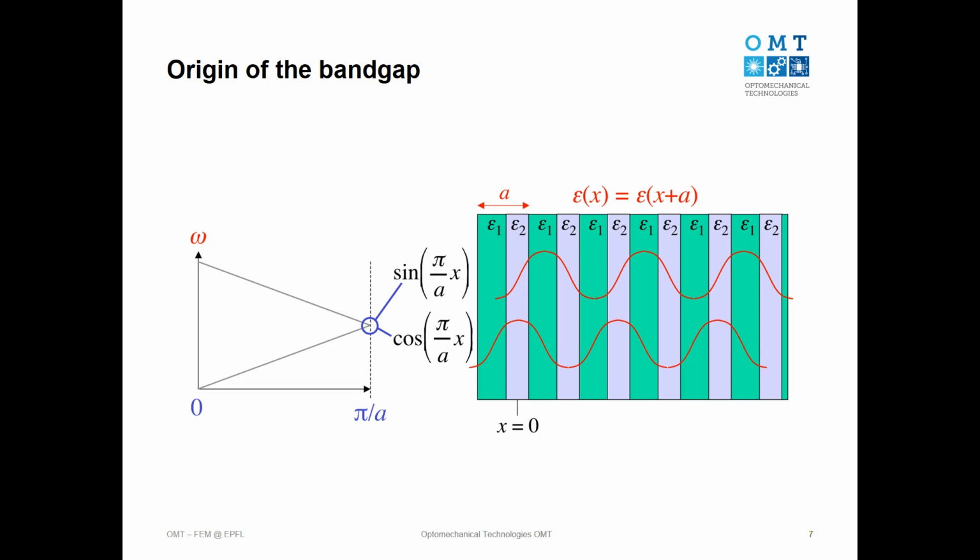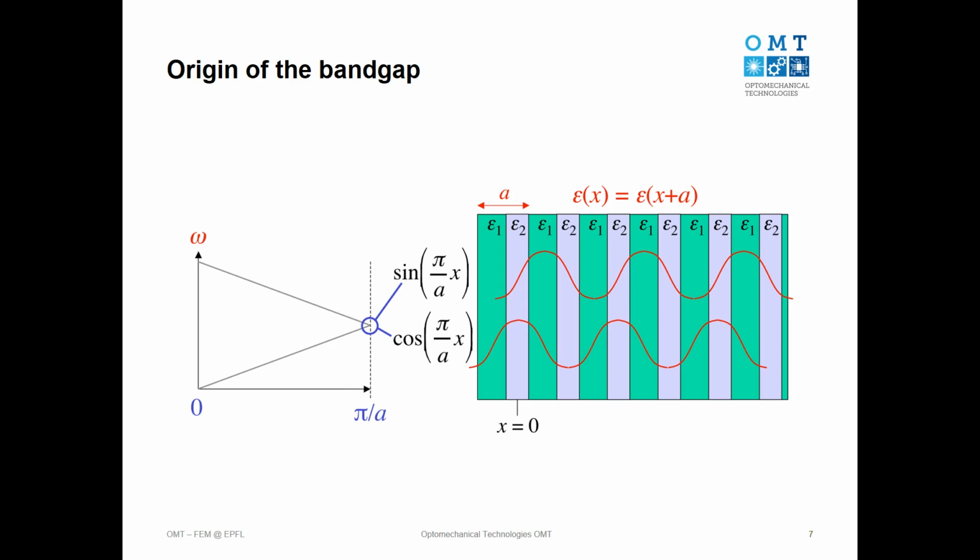And if you look at this graph, it's not making much sense, because if you remember, when I described the solutions of my wave equation with the Floquet boundary conditions, the periodicity of my answers should be the same as the periodicity of my geometry, all right? So here, for this particular point where these two dispersion diagrams coincide, there's one problem, because these two modes have the same frequency.